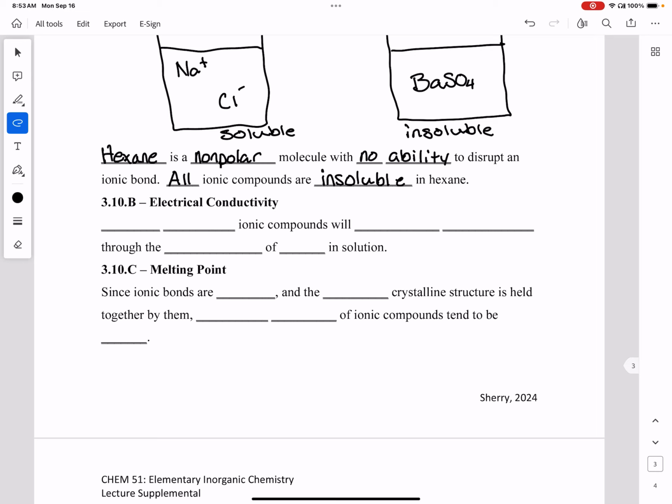Okay. So another property is electrical conductivity. So if it's a water-soluble ionic compound, water-soluble ionic compounds will conduct electricity.